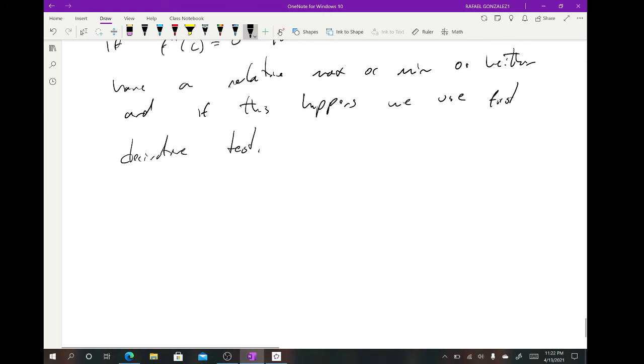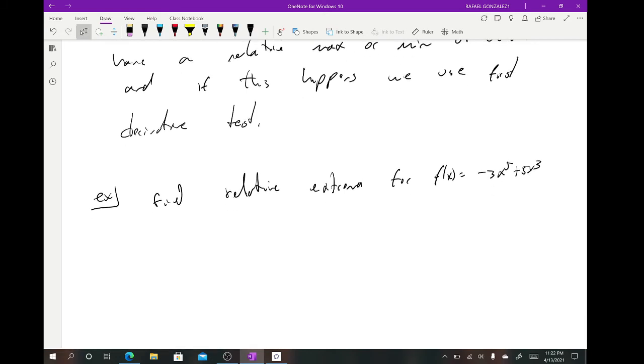Okay, let's do an example. Maybe I should have split this video. Anyway. Let's find the relative extrema for f of x equals negative 3x to the fifth plus 5x cubed. I'm going to explain at the end why the second derivative test is sometimes much more useful than the first.